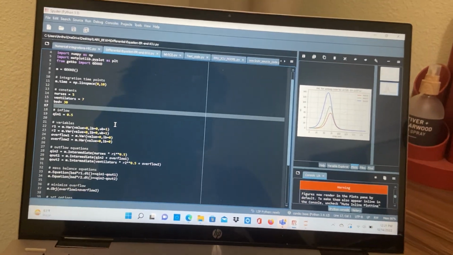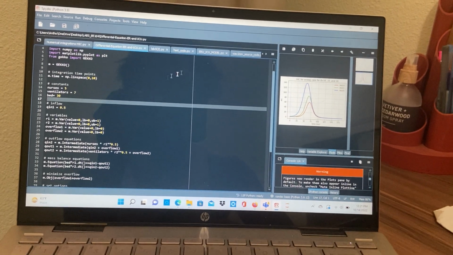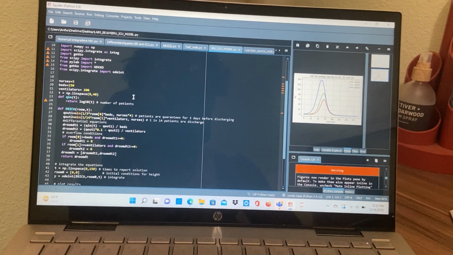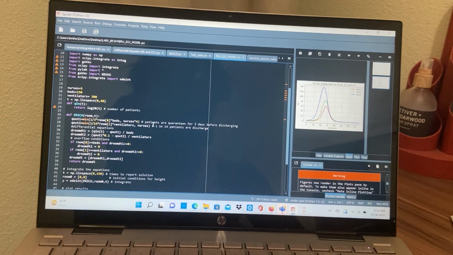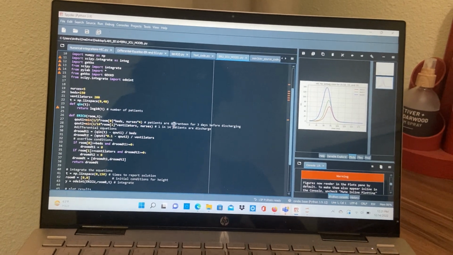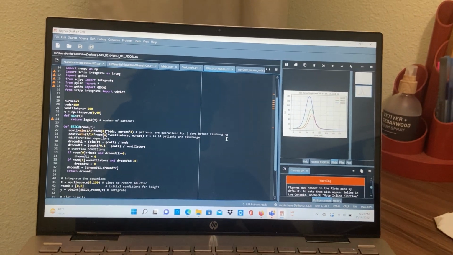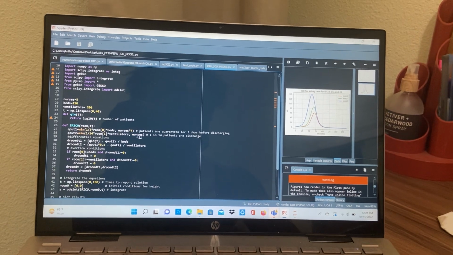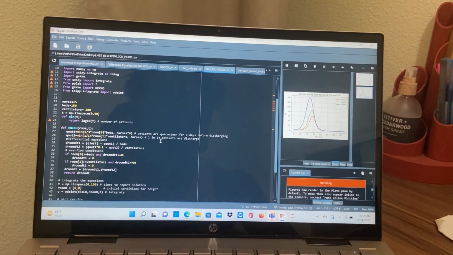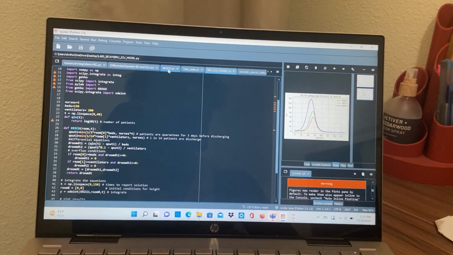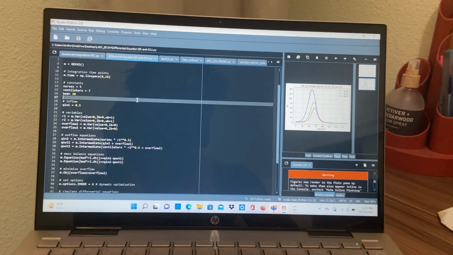The patients in the hospital are monitored for three days before they are discharged. So we have 1 nurse to 14 patients. This is what this code is about.